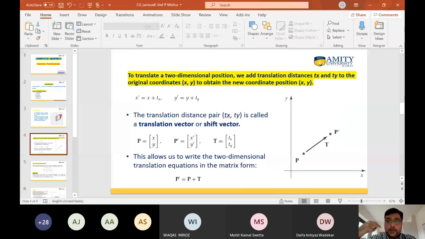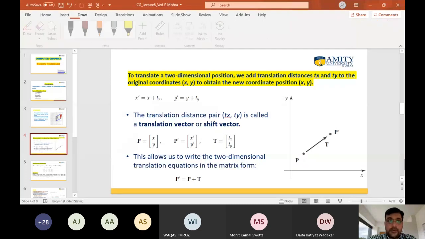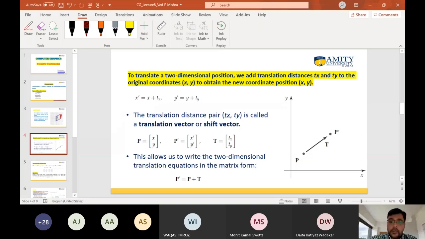How do we do it? See this diagram on the right hand side. Suppose that you have the point P, and you want to move it to P dash. So you have 2 points, P and P dash, and you are moving from P to P dash.